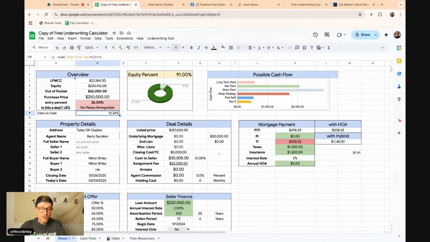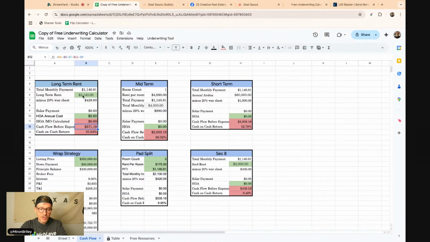That's pretty good. To explain this a little better, I'm taking the monthly payment, the 1140, and the rent he gave me, 2140 minus 1140. I'm taking 20% away from the long-term rent, and giving myself $400 a month for maintenance.